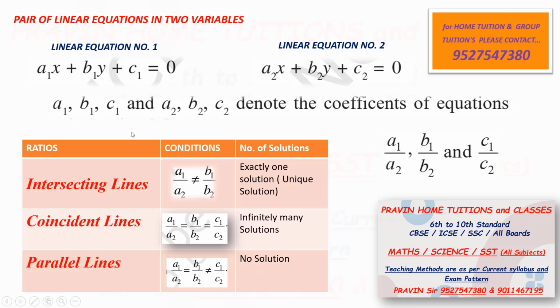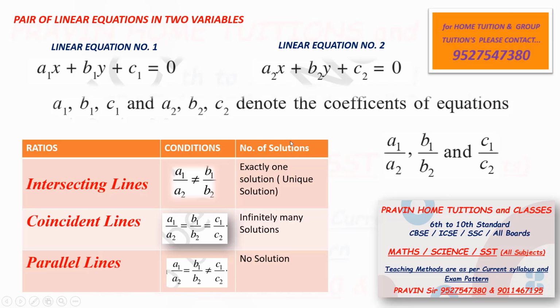So in this way you learn that if a pair of linear equations is given in standard form, you first write their coefficients like this, then find the ratios, and based on these ratios you can predict whether these lines are intersecting, coincident or parallel.